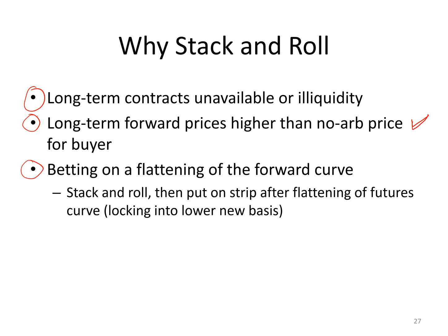This is related to that third concept, why do a stack and roll. If you're a purchaser of an asset, you would put on a stack and roll if you feel the forward curve is going to flatten.